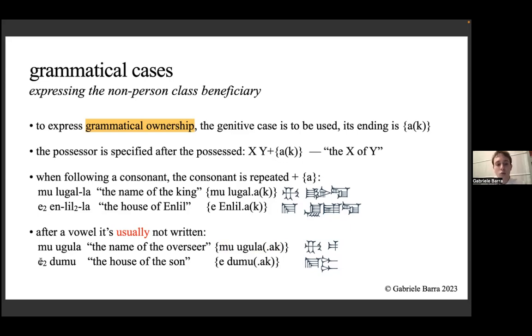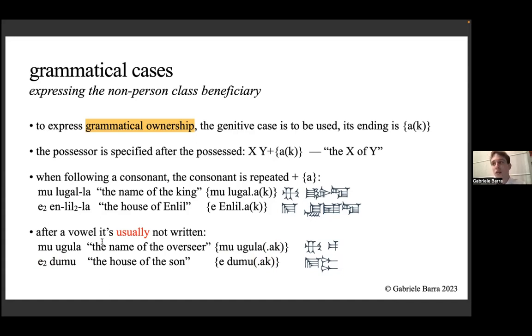Same thing with e dumu, so the house of the son. E, house or temple, and then dumu, son, which ends again in u. So no genitive at the end. Sometimes what happens is they would reduplicate the vowel, so you would have dumu-u and mu ugula-a, but that unfortunately is up to the scribe.